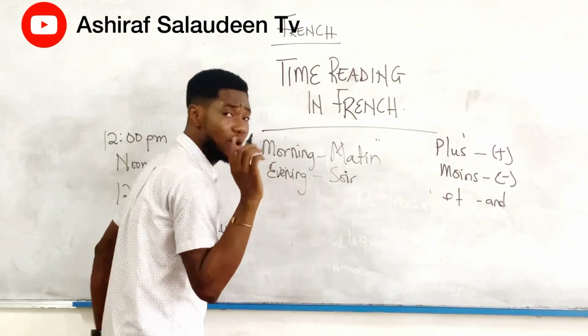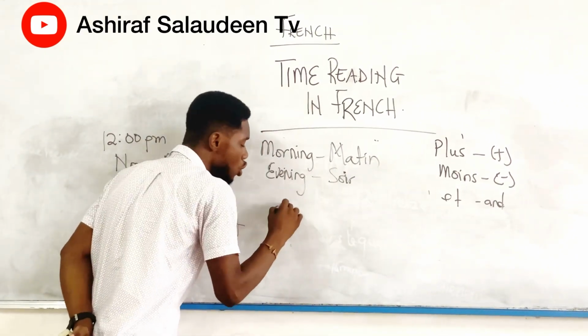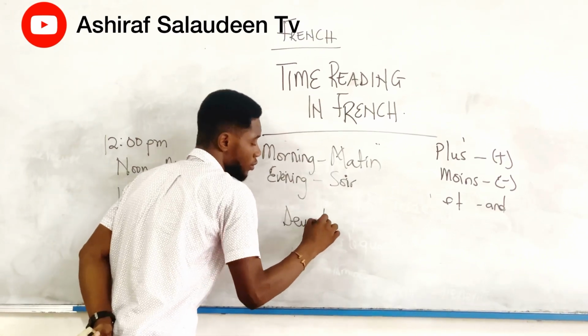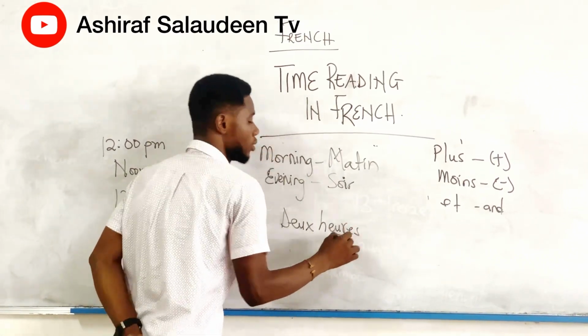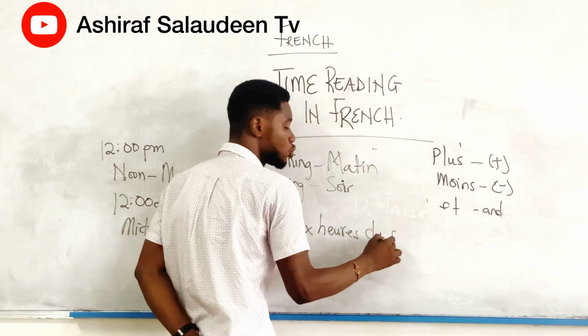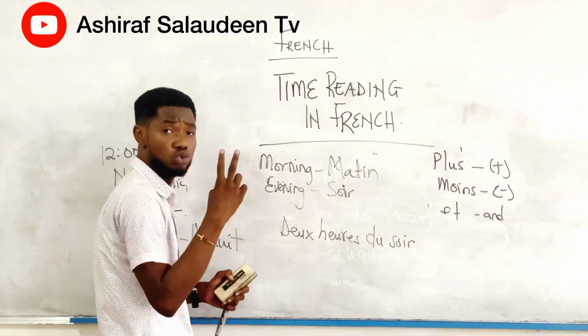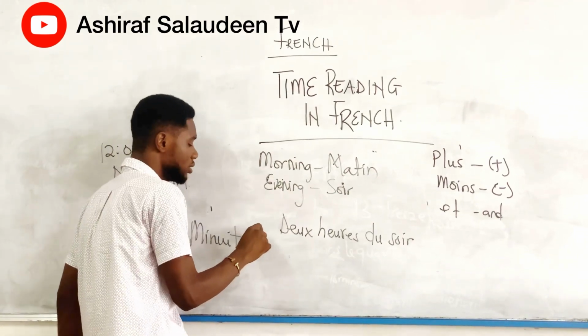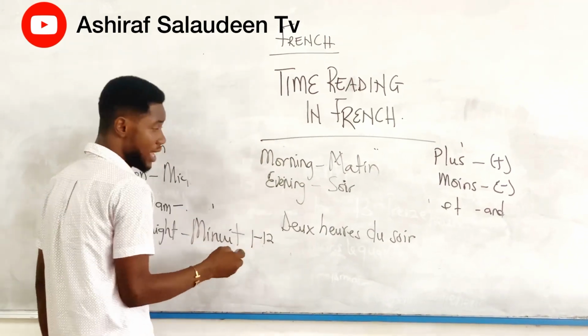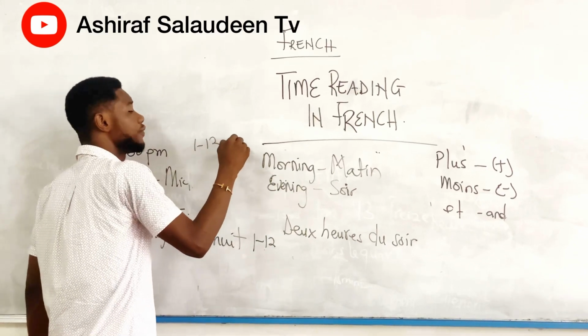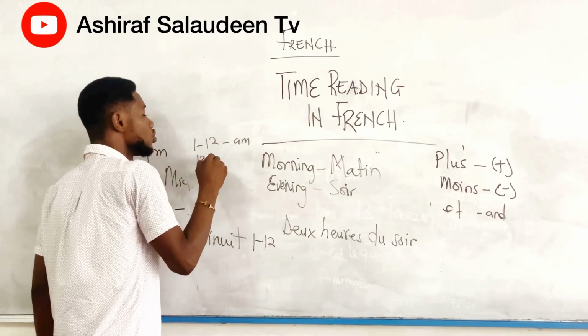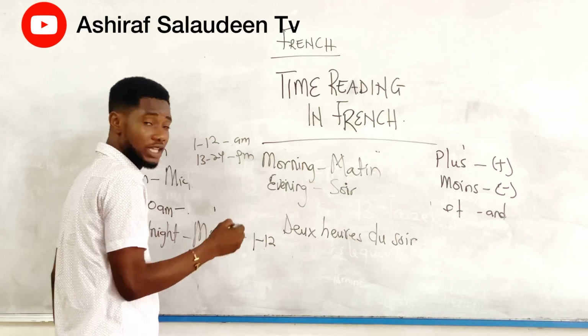So if you see someone telling you that it is 2 heures du matin, no, du soir. In a normal circumstance, this is 2. 2 falls between 1 to 12. So this should be AM because we said 1 to 12 is for AM. 13 to 24 is PM in French.